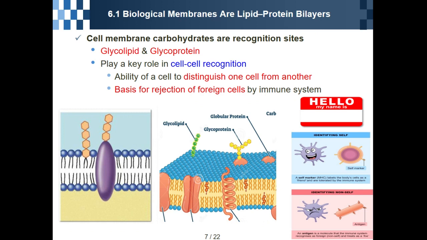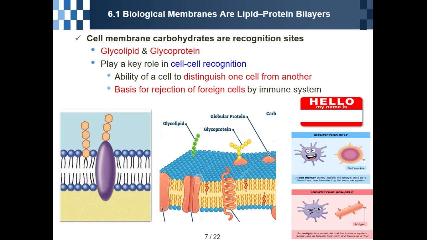So the cell membrane also has carbohydrate. For example, this is the phospholipid. Some carbohydrate can attach to this lipid, or some carbohydrate can attach to this protein.